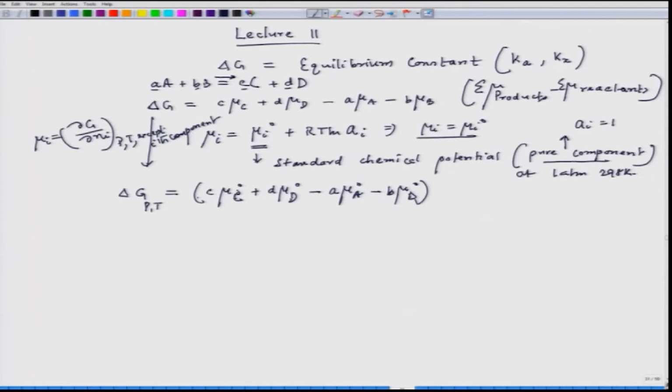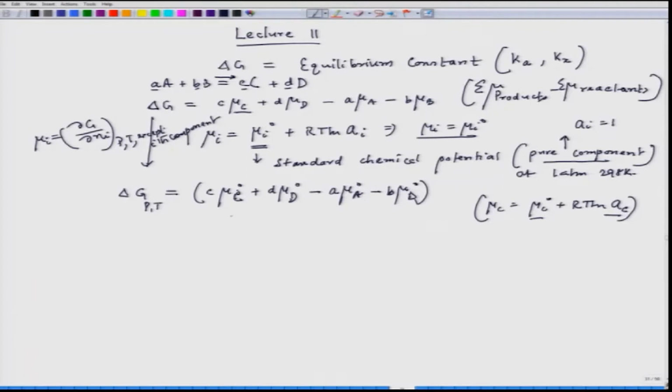See, for example, if we write this mu C in terms of the standard chemical potential of C, mu C would be nothing but mu C 0 plus R T ln A C. So, accordingly, we have broken all those chemical potentials into their respective standard part and the other part which contains the activity.